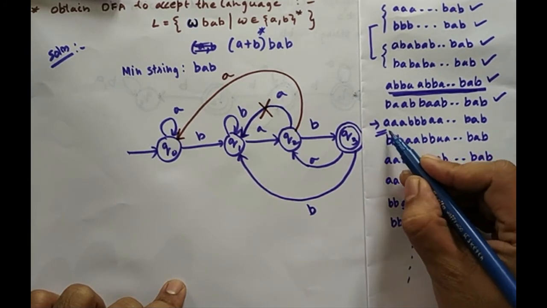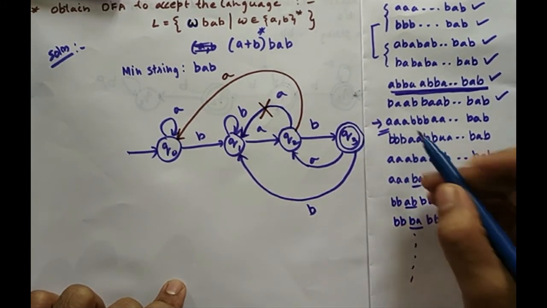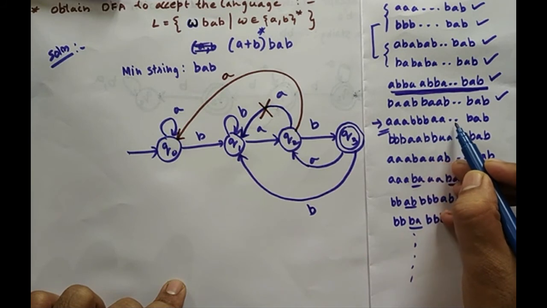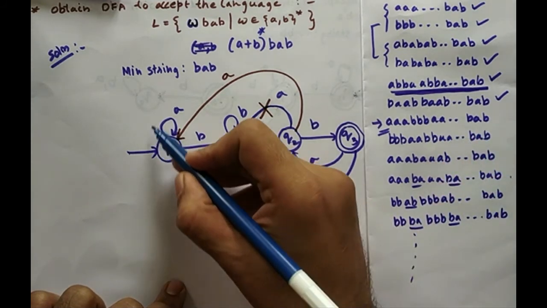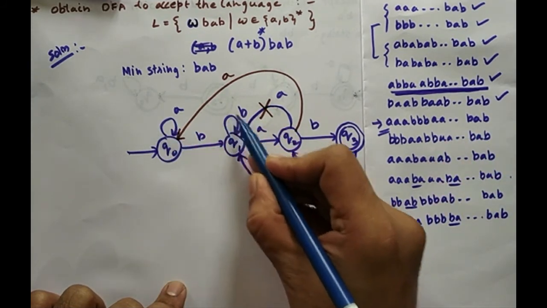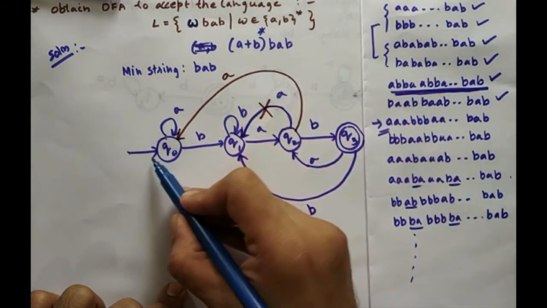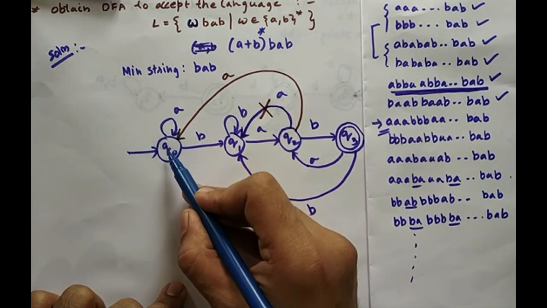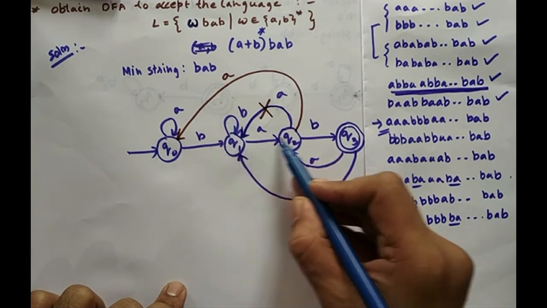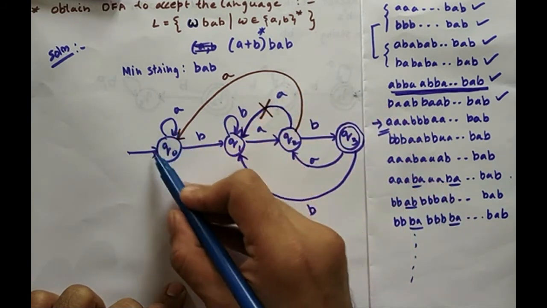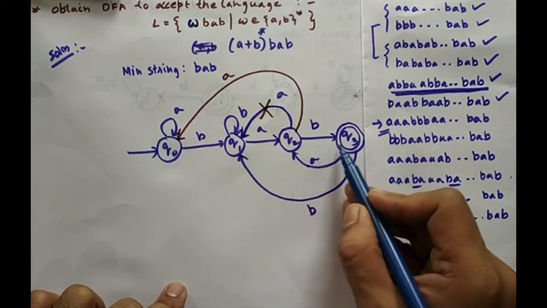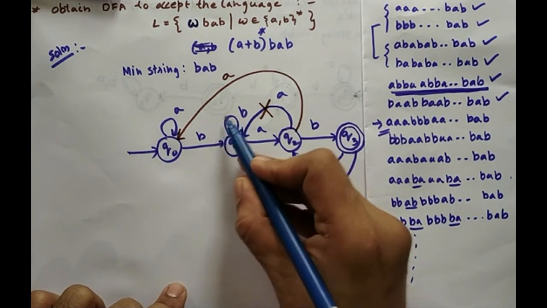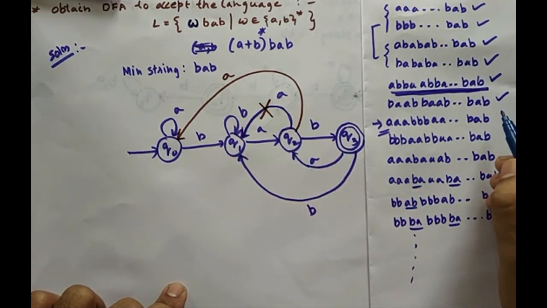Just see. Some A's, some B's, some A's, some B's ending with BAB. Some A's, some B's, first A, second A, any more number of B's, A's, some B's, some A's, either BAB or you can even go some B's, BAB. So this gets accepted.